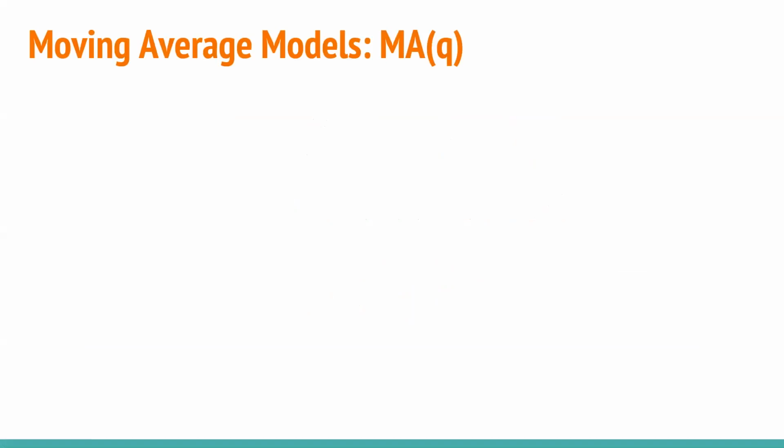Today, the moving average models are for the Q. When I say Q, I'm referring to the order. The order could be one lag apart, two lags apart, three lags apart, and so on. Now the question is, how does a moving average model look?